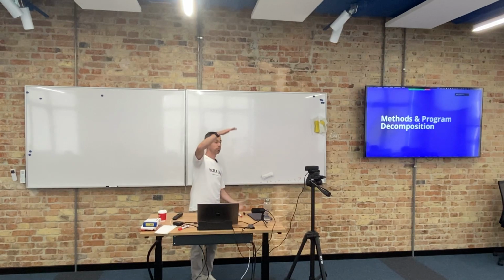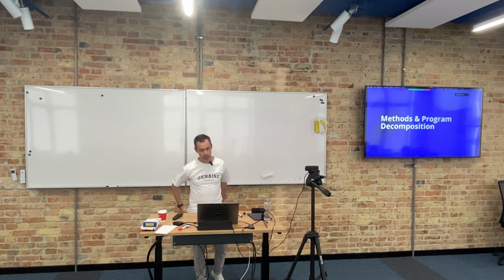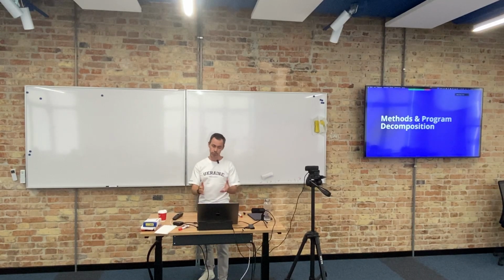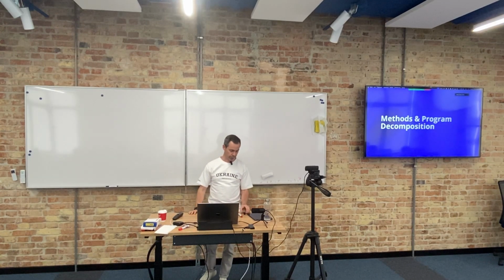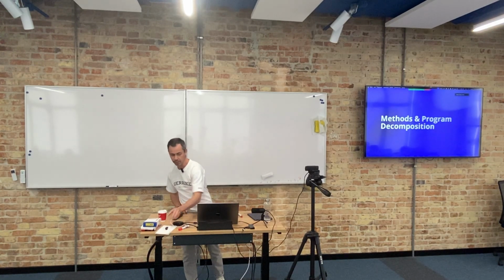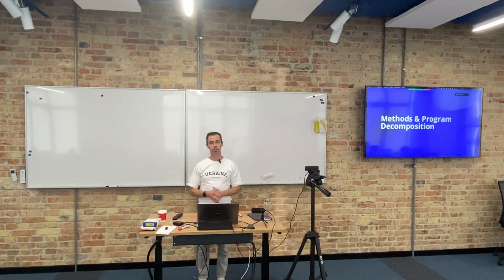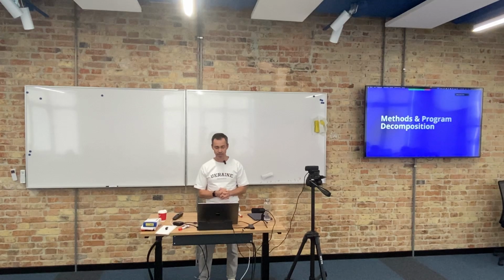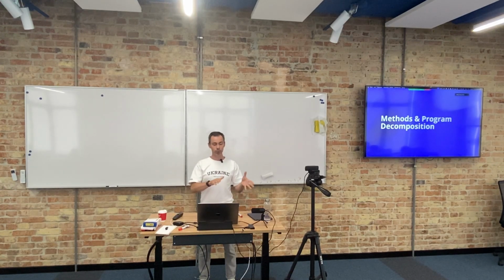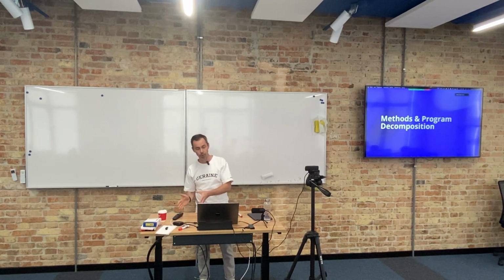And to have this long logic with 100 lines is maybe not the best way to write a program. That's why we have this beautiful opportunity to build methods. And we will talk today about methods and how to use methods to decompose the program.